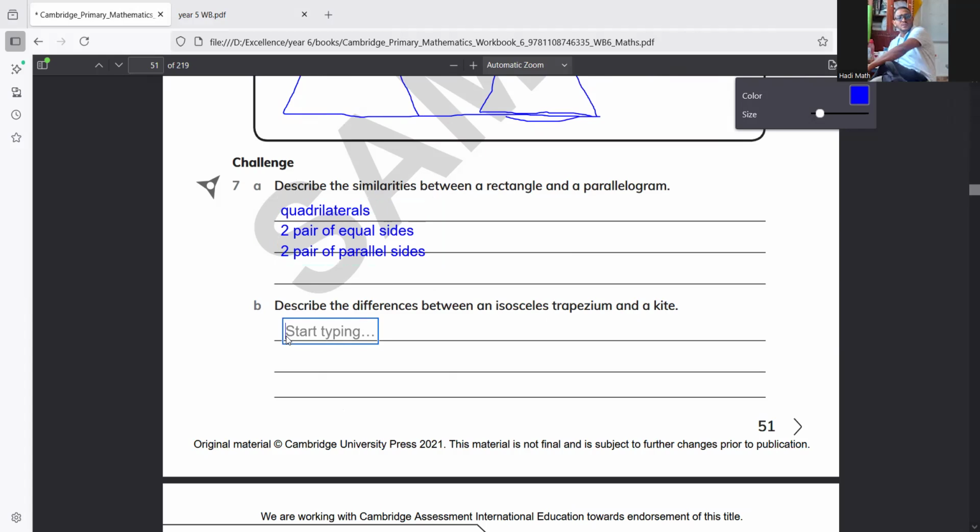The difference: an isosceles trapezium has a pair of parallel sides, a kite doesn't.